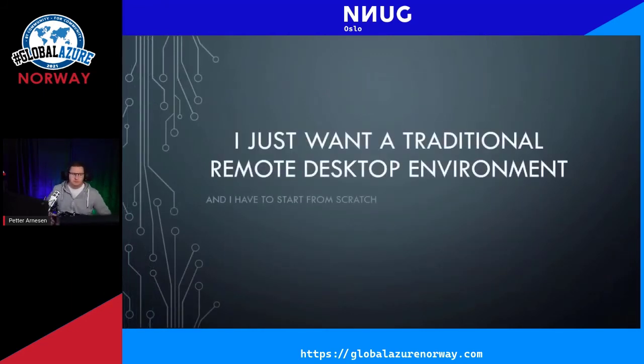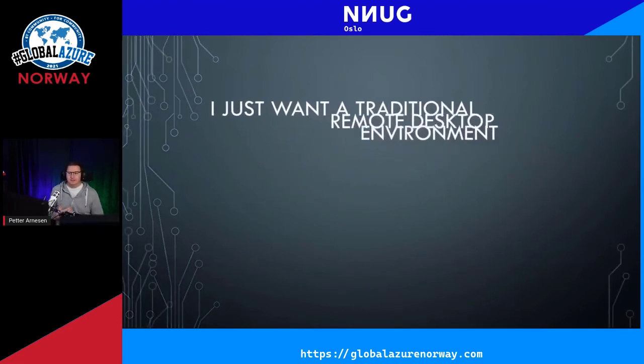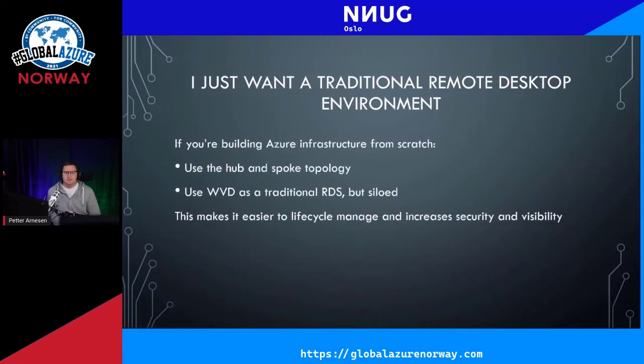But what if you just want a traditional remote desktop environment and you are starting from scratch? This is the ideal situation for a tech guy like me. You have nothing. You're starting from scratch. If you're building Azure infrastructure from scratch, I would recommend using the hub and spoke topology.